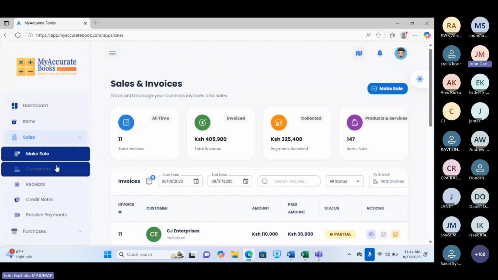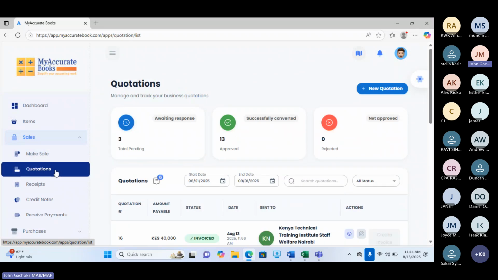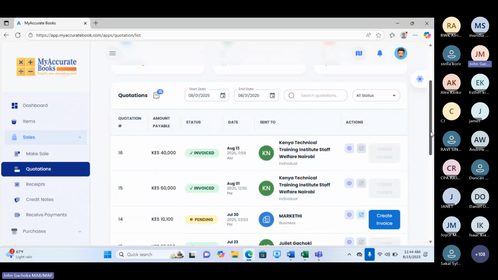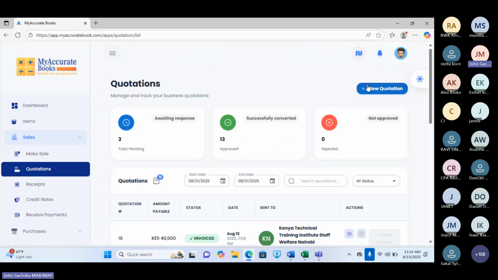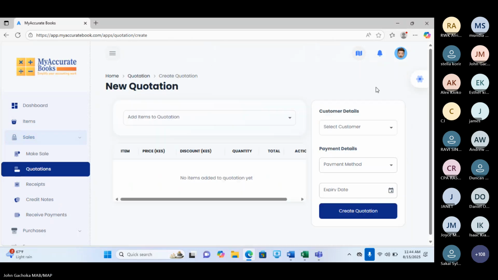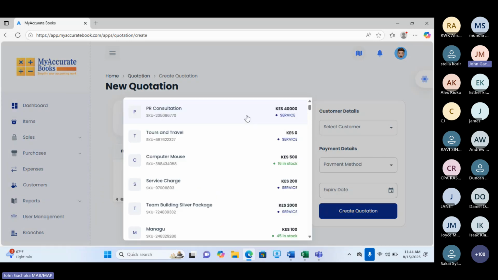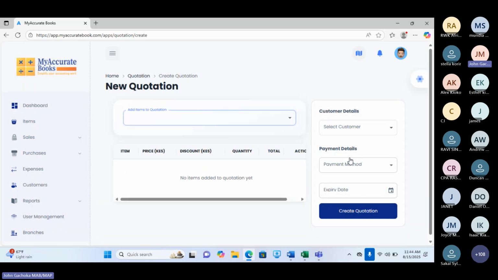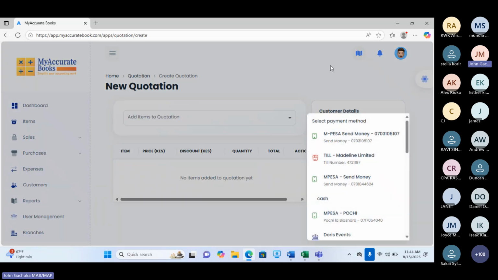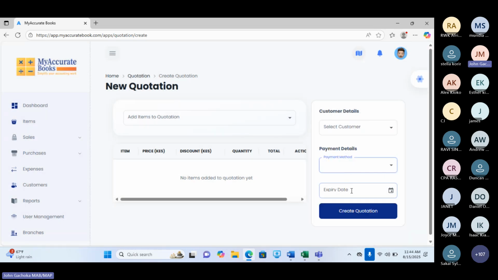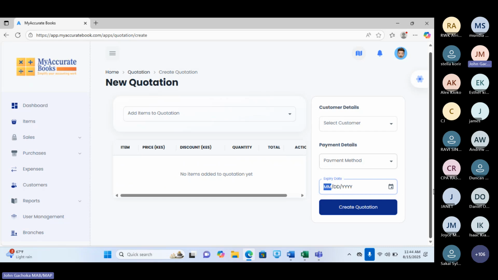When you come to quotation, again, depending on the service that you offer, you are able to create a quotation, add items in this quotation, indicate your customer, also indicate your payment details and expiry date of that quotation. When you create it, if your client approves that quotation, you graduate it to an invoice, which means that you're already in business with the client.